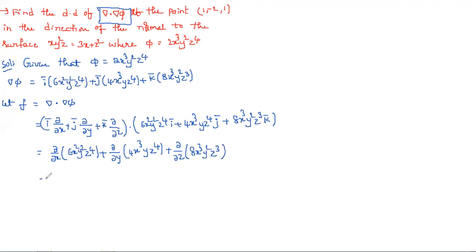Now applying the derivatives, with respect to x we get 12x y square z power 4, plus with respect to y 4x cube z power 4, plus with respect to z, 24 (8 times 3) x cube y square z square. So this is f. This is the only new thing here, and the remaining is the same as before.